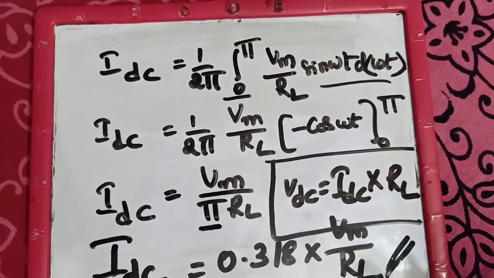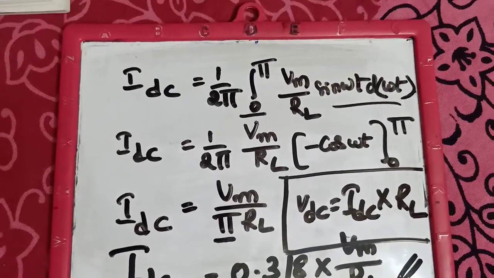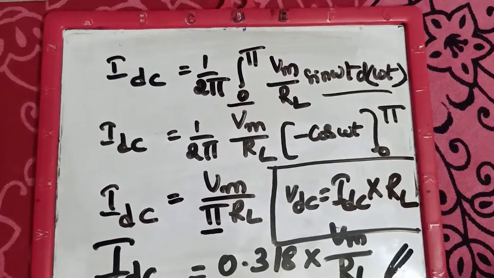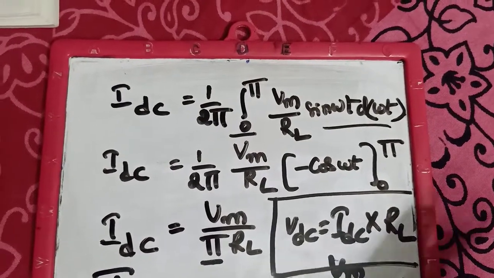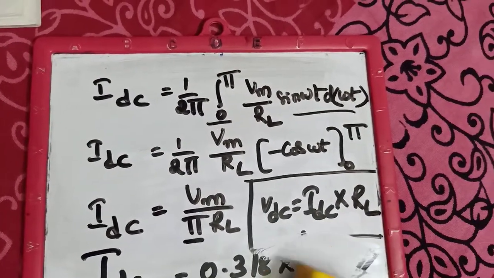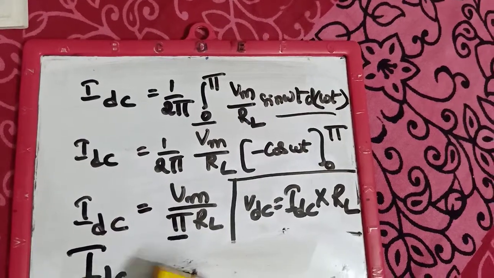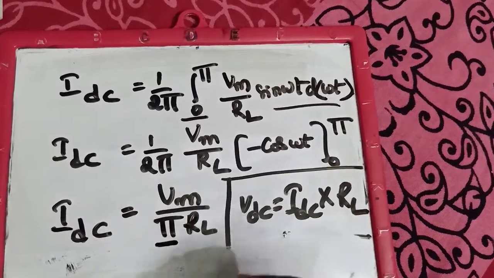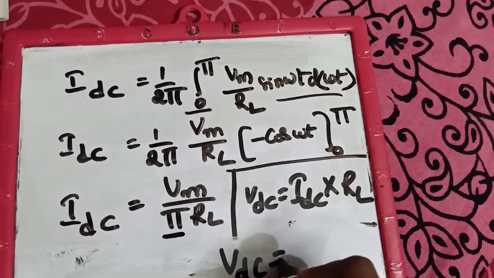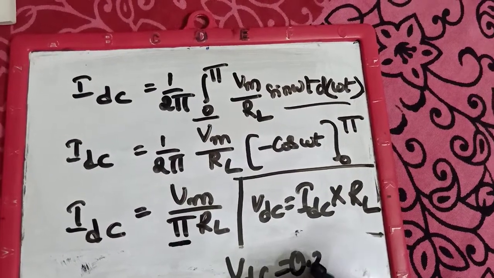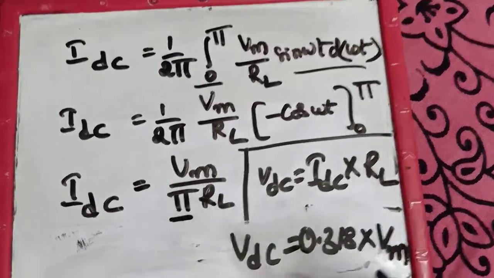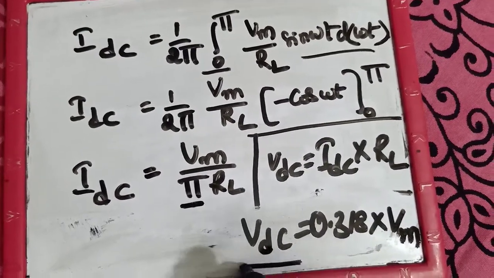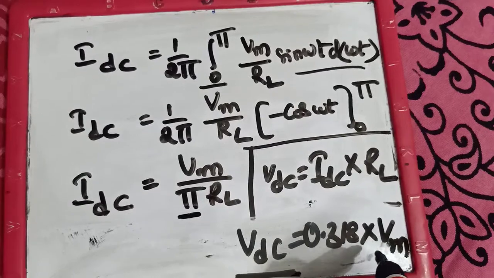So the final equation for the output voltage is VDC = 0.318 Vm.